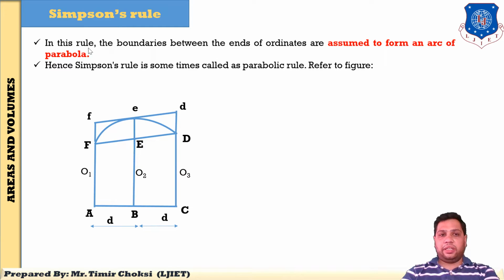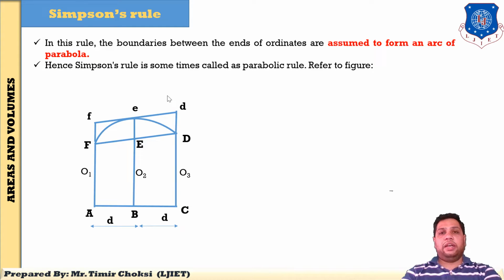So I repeat this line: in this rule, the boundaries between the ends of ordinates are assumed to form an arc of a parabola. Hence, Simpson's rule is sometimes called the parabolic rule.